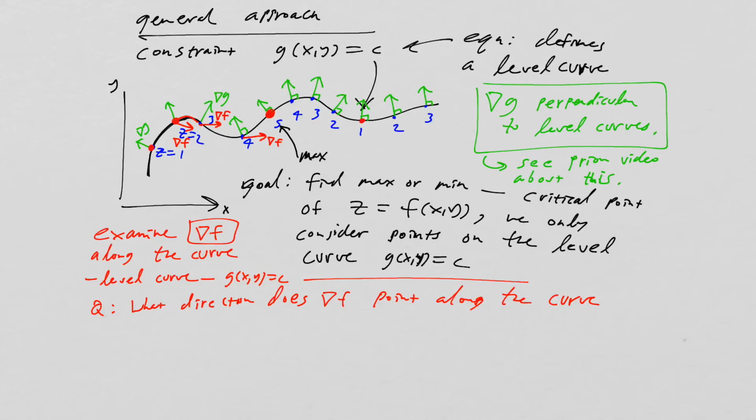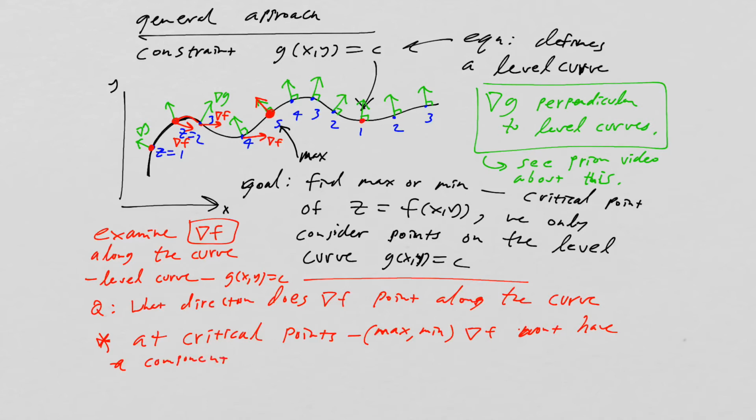So we expect there the gradient should actually be pointing collinear with grad G. So at critical points, what we're talking about is max and minima, grad F won't have a component that's tangent to the level curve.